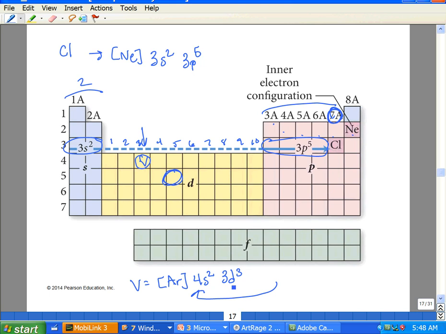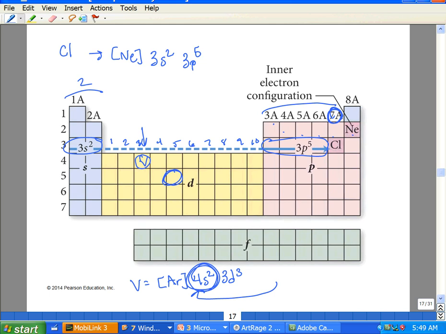The highest N value, okay? The order of filling does not affect where the orbitals are located. So if we got 2 electrons in that 4 value energy shell, that's where your valence electrons are located.